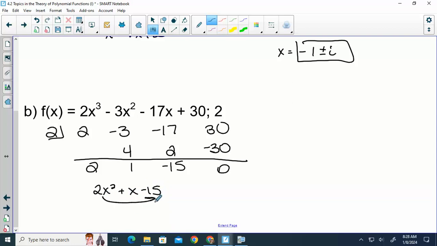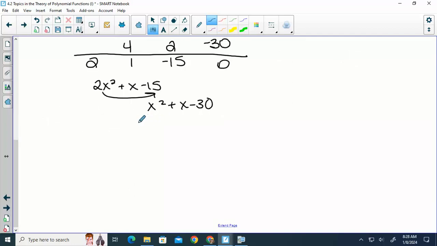Okay, so if we set up slip and slide, we get x squared plus x minus 30, which factors into x plus 6, x minus 5. Divide by 2, so that's x plus 3, 2x minus 5.